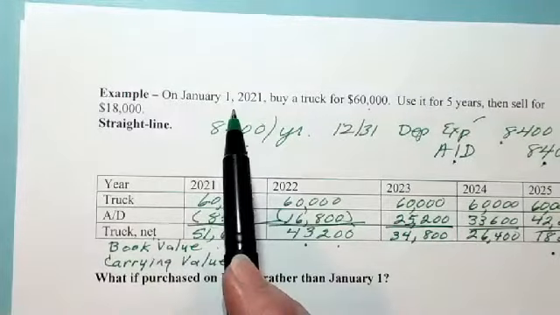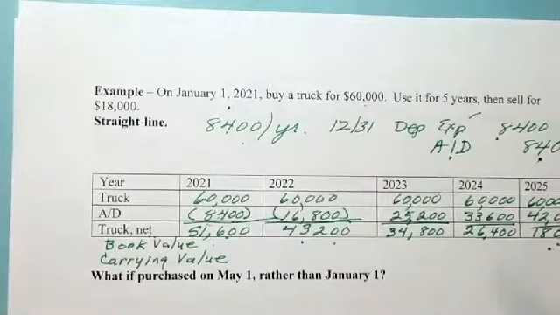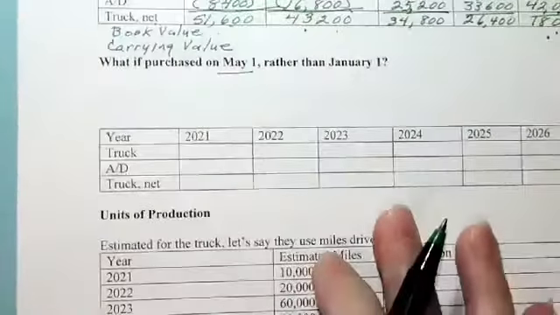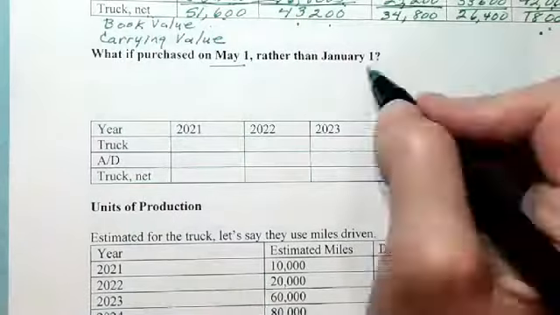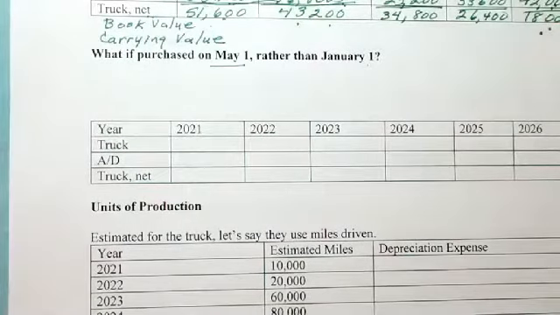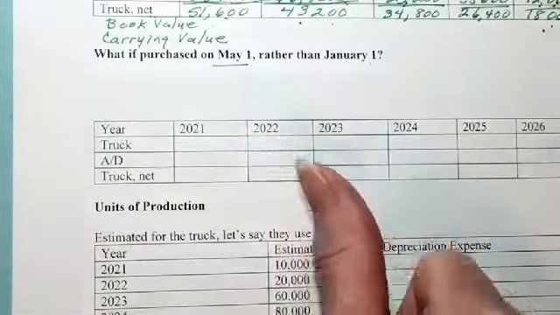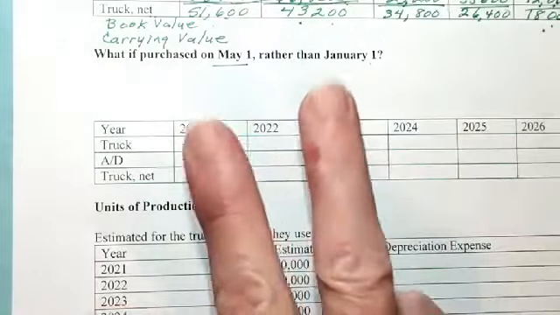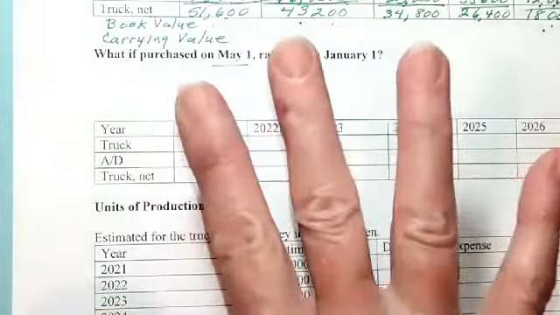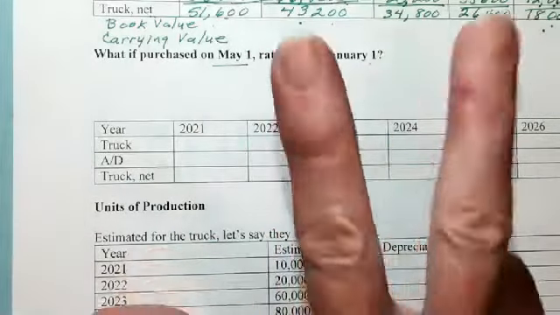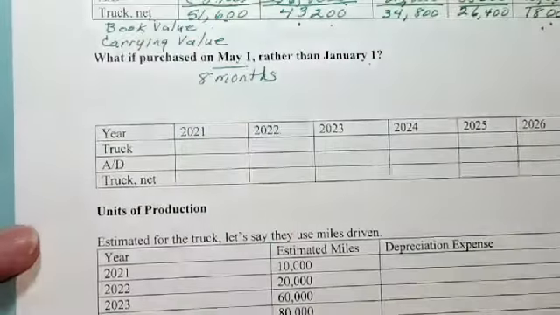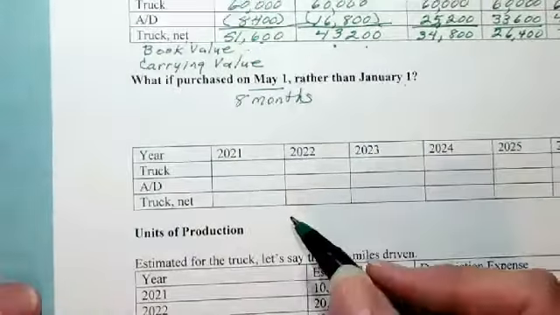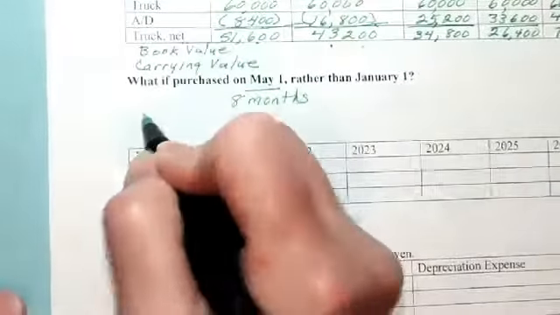We bought it on January 1. Very seldom do you buy everything on January 1. On this next one, we're going to say, what if we purchased it on May 1 rather than January 1? All that happens is that first year, you don't own it for a full year. We have all of May, June, July, August, September, October, November, December. So I've got 8 months in 2021. I know the amount since I've already done the calculation.